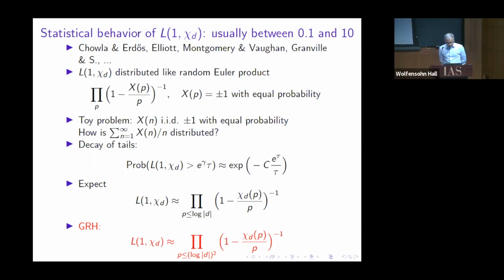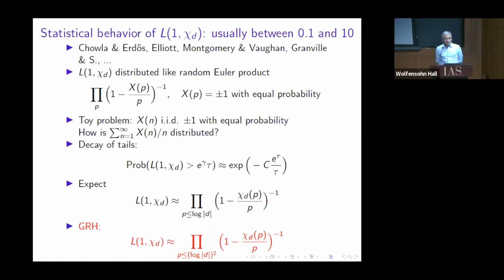And there's a long history of people working on this. The upshot is that there's a very simple probabilistic model that explains how these values are distributed. So L(1, chi_d) is given by an Euler product, where the Euler product involves chi(p) as you range over all the primes p.